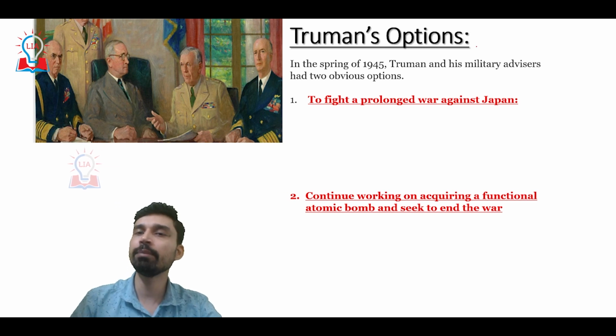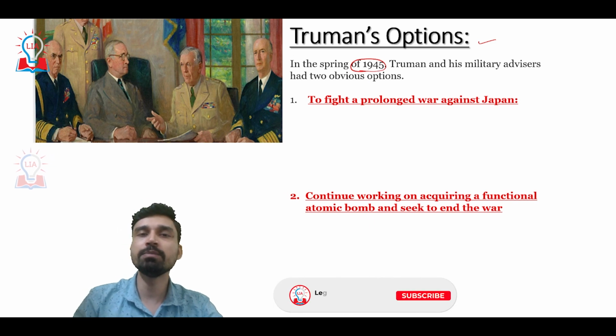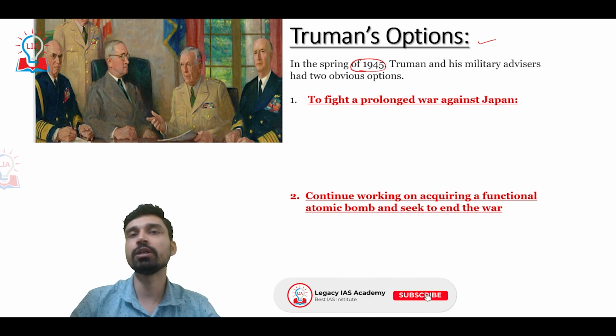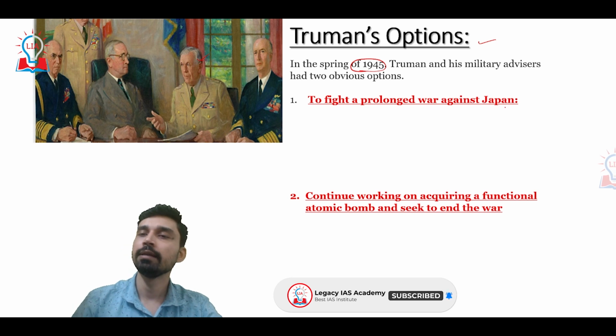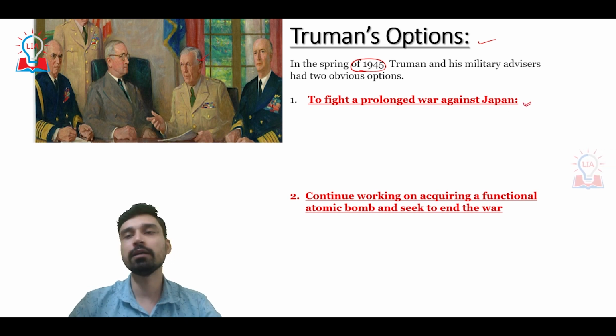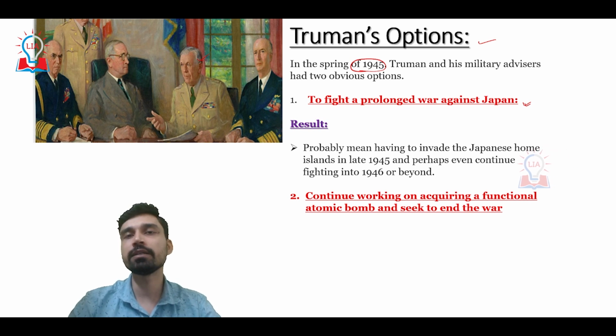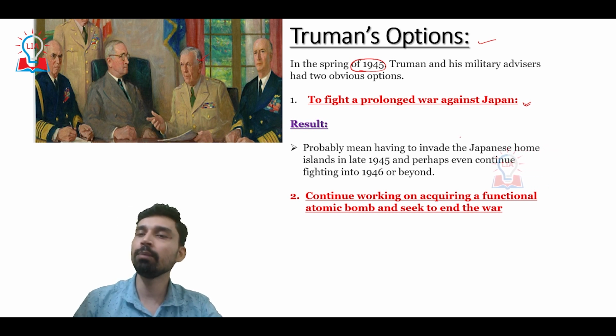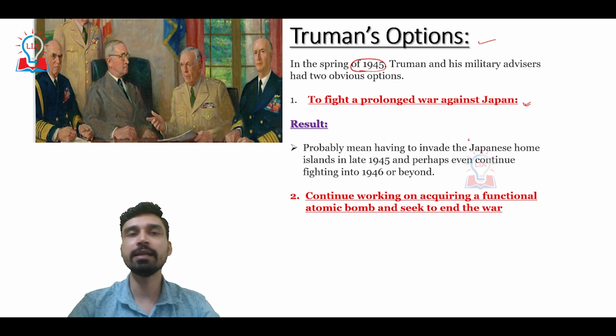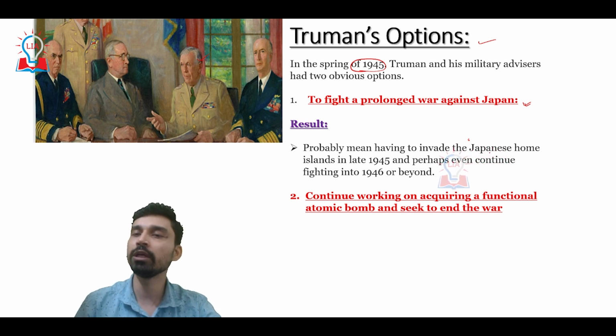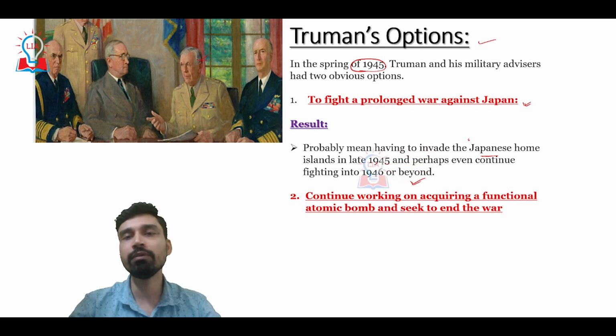When Harry Truman came into power, somewhere in the spring of 1945, Truman and his military advisors had two options to determine the course of the war. First, the US could continue to fight a prolonged war against Japan in the same way, and hope that at one point, when they had captured all the smaller islands around Japan, they would have no other option but to invade the Japanese home island, perhaps in late 1945, and then the fight could continue into 1946 on mainland Japan.